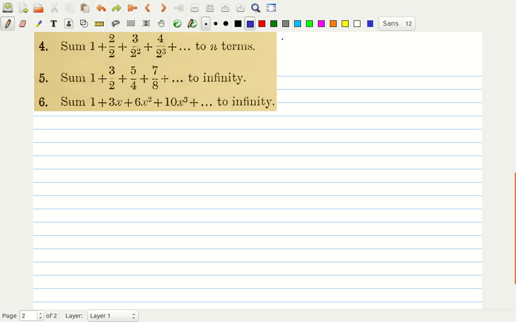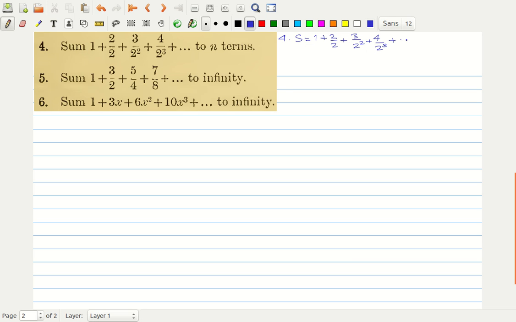So let us write S is equal to 1 plus 2 by 2 plus 3 by 2 square plus 4 by 2 cube, and we have to sum this up to n terms.